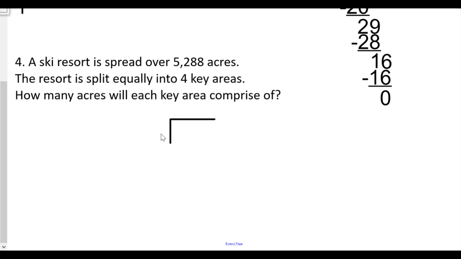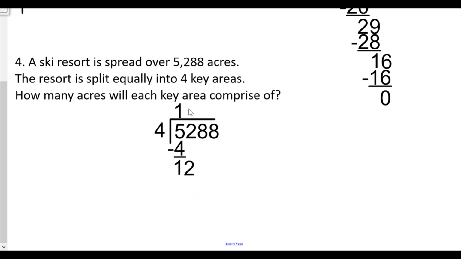We have 5,288, and we are dividing that by 4. 4 goes into 5 one time. 4 times 1 is 4. I want to subtract that. Oops, on the wrong side. There we go. Under 5. So 5 minus 4 is 1. I'll bring down my 2.